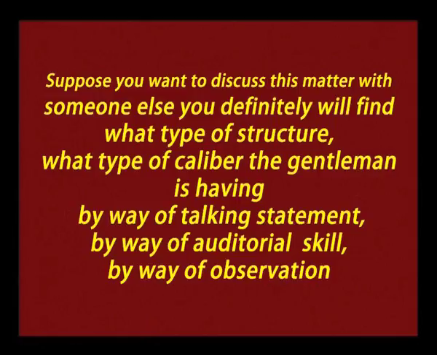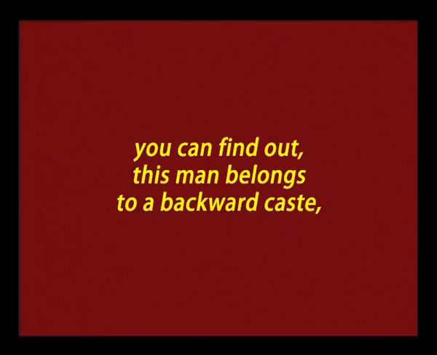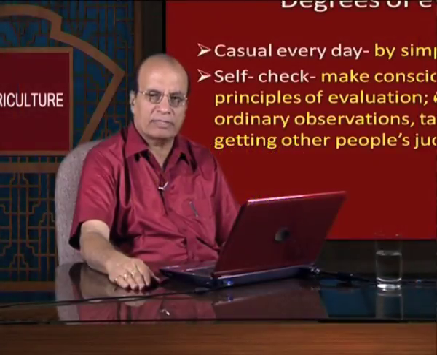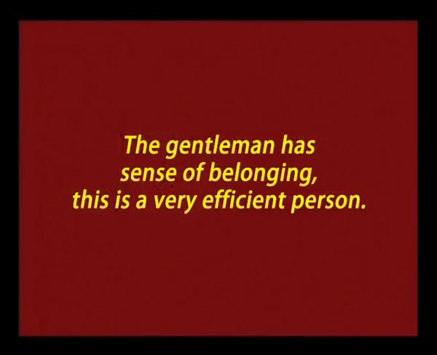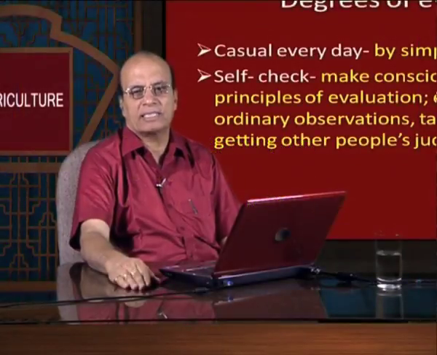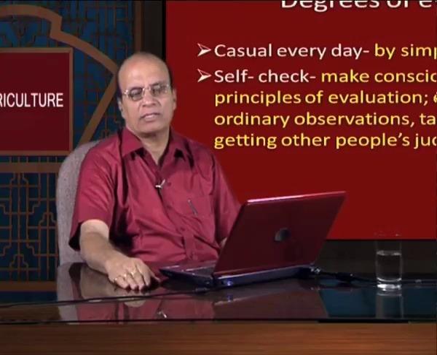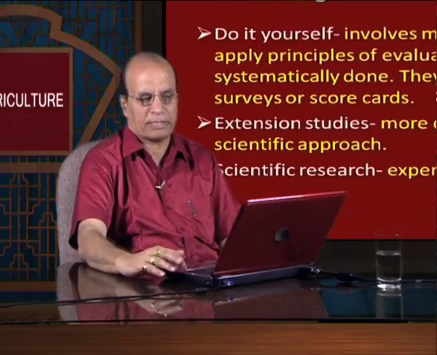By way of his statements, oratorical skill, and observation, you can find out whether this man belongs to a backward caste, whether he has a sense of belonging, or whether he is a very efficient person. That is self-checking: while discussing with someone, you can find out the level of evaluation in a particular person.